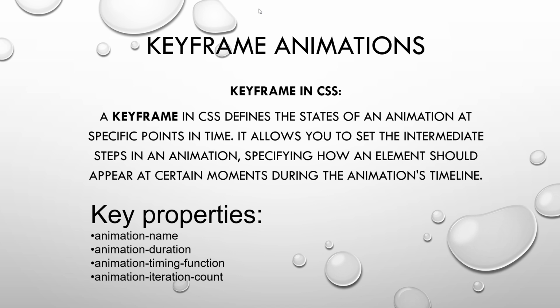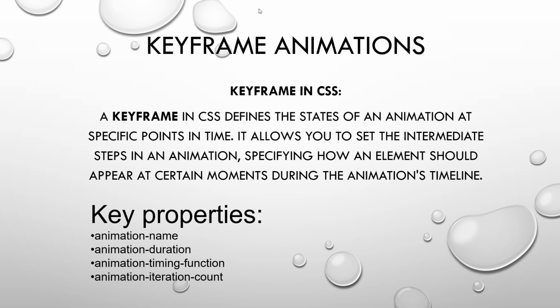Keyframe animations. So what are keyframe animations? To put it simply, it is a block of code which allows you to make certain changes to your objects at a certain point, at a certain phase.